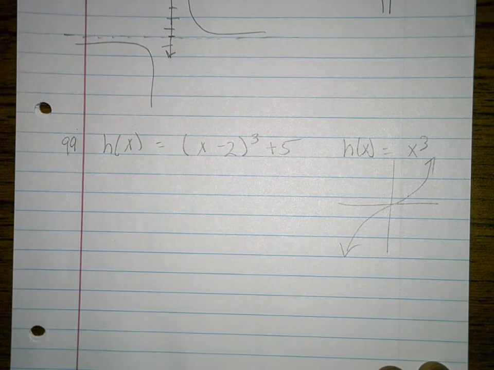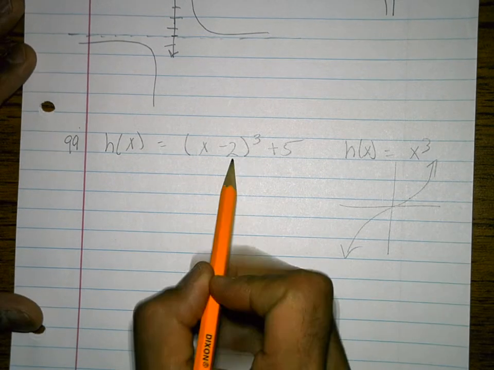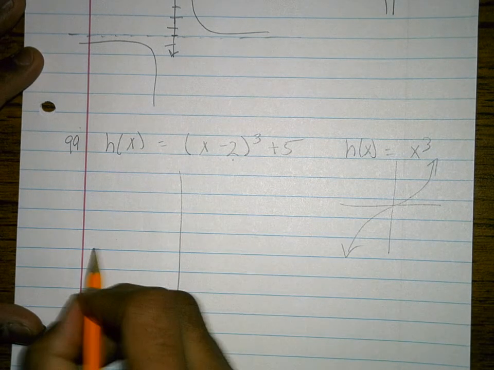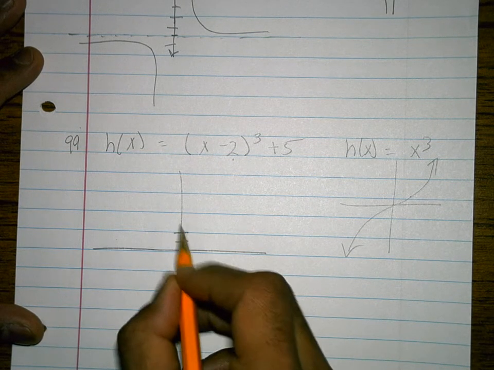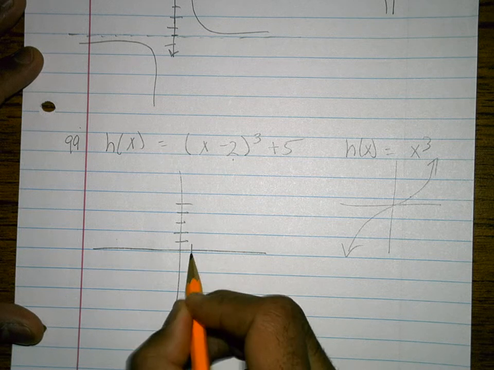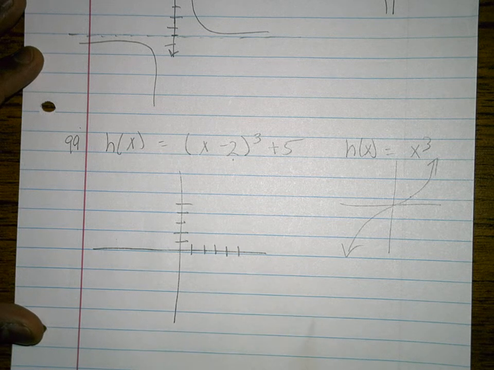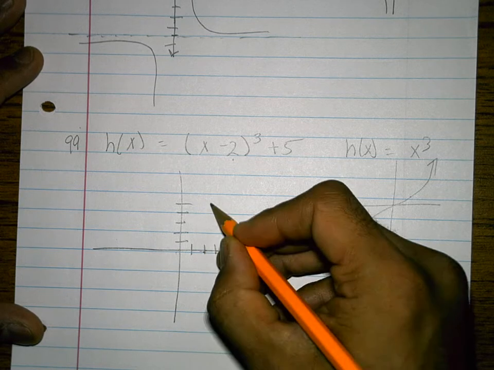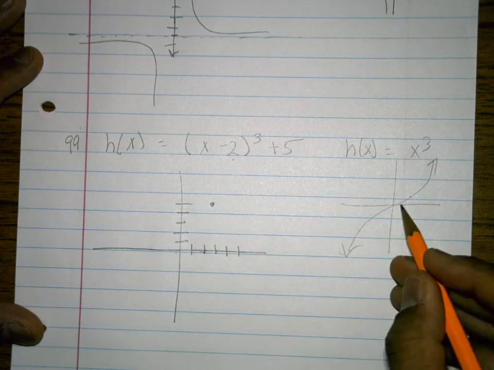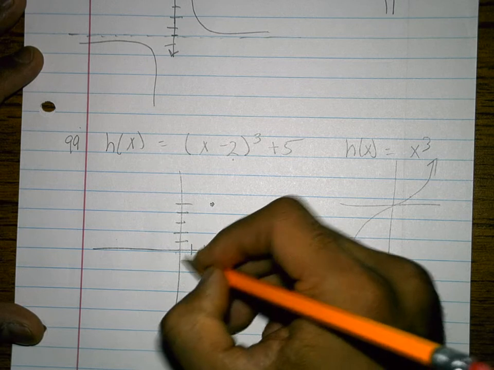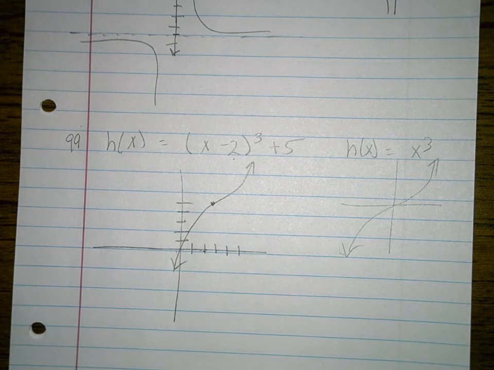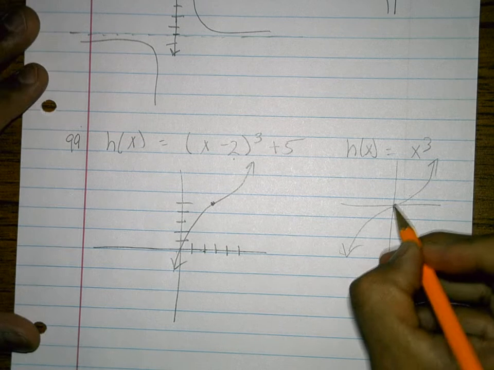In this one, I'm going to move it 2 to the right and up 5 spaces. 1, 2, 3, 4, 5. So to the right 2 and then up 5. It's about right there. Now I take this shape and do it through that point, like going through (0, 0).